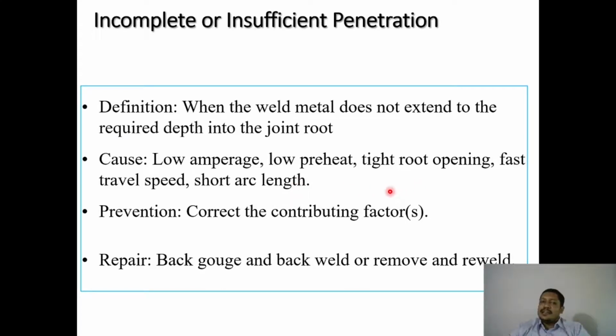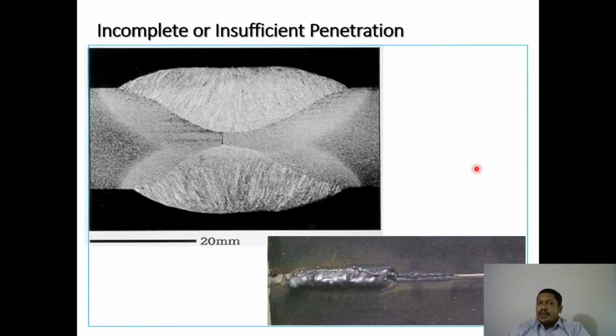These are the reasons for incomplete or insufficient penetration. So you have to use the correct factors to ensure that it doesn't happen in welding. Same thing I have told you with respect to fusion.